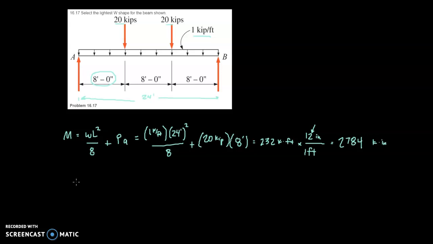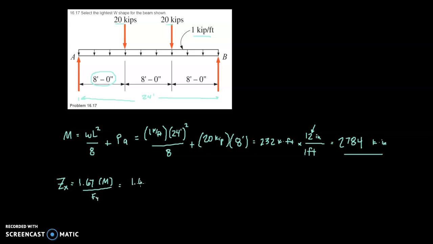So then I want to find what is the plastic section modulus required for a beam to resist a moment of 2,784 kip inches. So my AISC ASD formula for beam design tells me 1.67 times the moment divided by the yield stress.